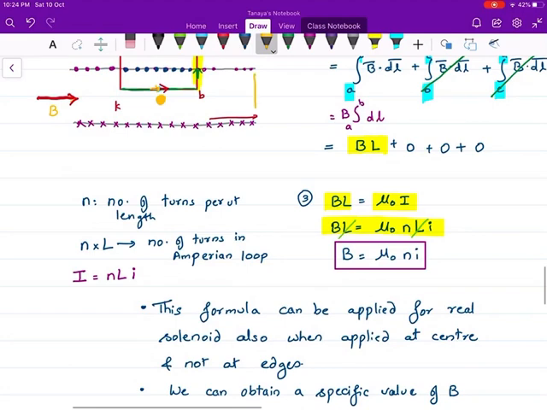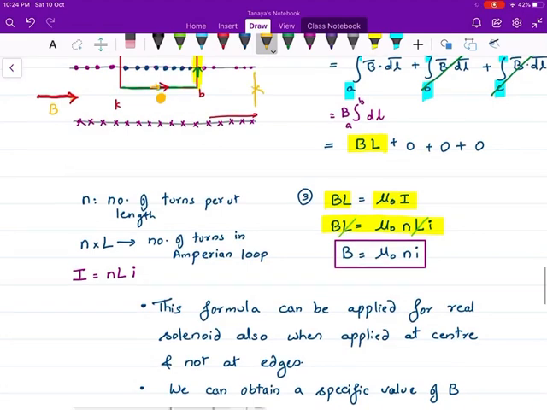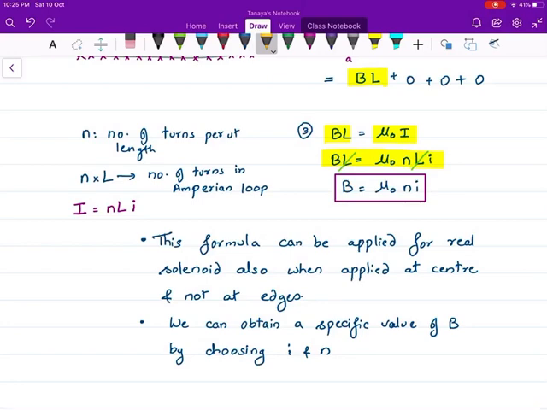But at the edges, you cannot use it. And we can convert this solenoid into a magnet giving a magnetic field that we require, having a value B, by choosing the number of turns and current flowing. So this is the equation for magnetic field inside an ideal solenoid using Ampere's law.